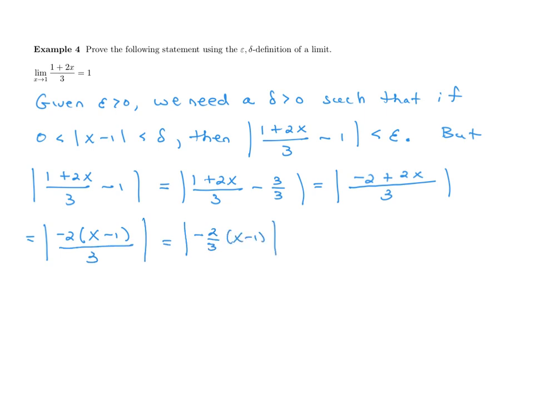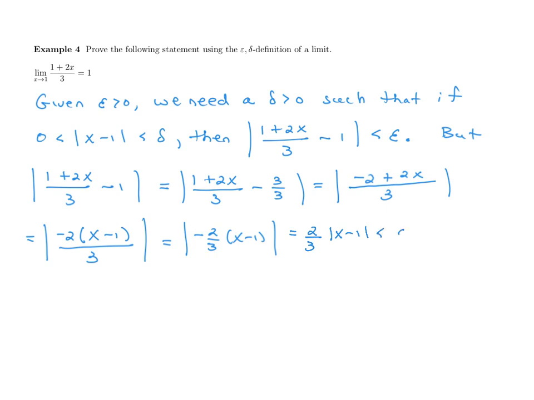So just to go back, I factored out a negative 2 from both terms. I had a negative 1 and a positive x, so negative 1 plus x. I chose to write that with x first and the negative 1 second. Here I can take the absolute value of negative 2/3 and x minus 1. It'll cancel the negative and give us positive 2/3. But the x minus 1 remains an absolute value.